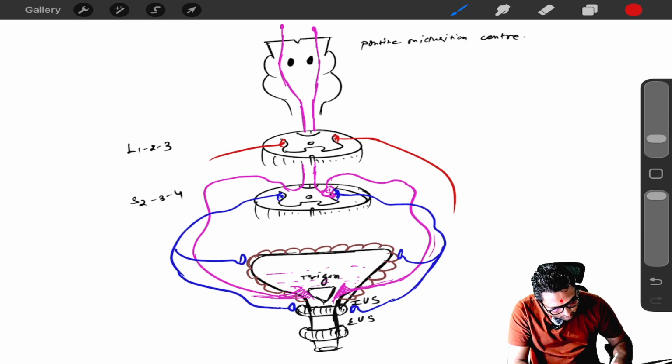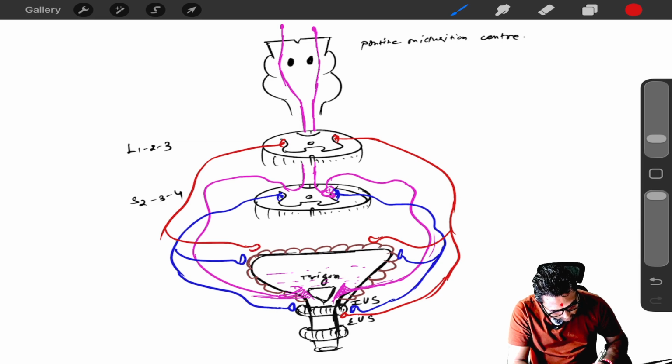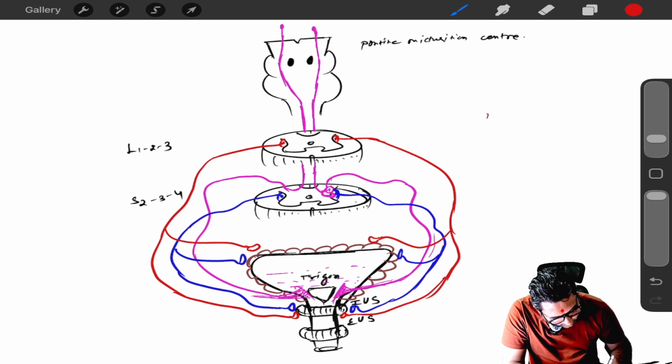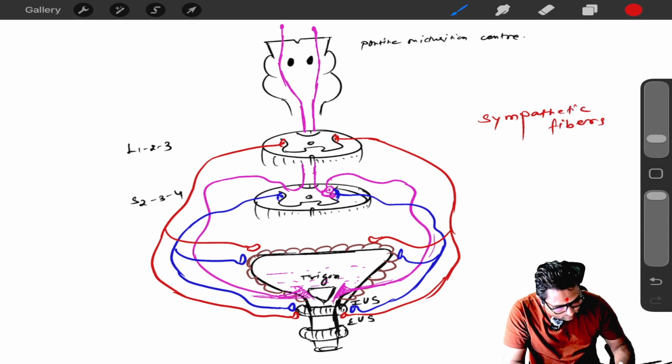These sympathetic efferent fibers also innervate the detrusor as well as the internal urethral sphincter. So red fibers are sympathetic fibers and blue fibers are parasympathetic fibers.